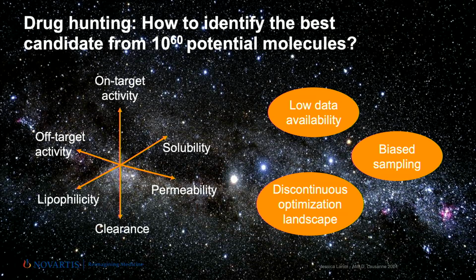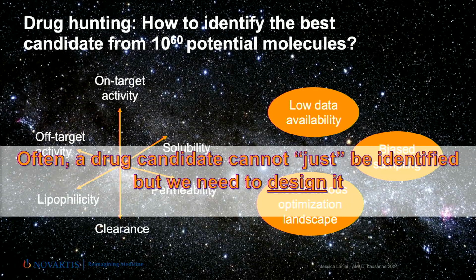It is a discontinuous space, and the problem becomes even more complex if you also want to optimize with respect to specific properties for which you need to have models. But most of the time, the data available for building models for these properties can be quite small and, moreover, biased.